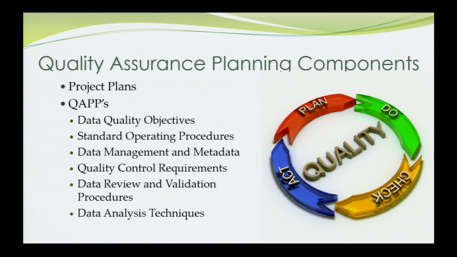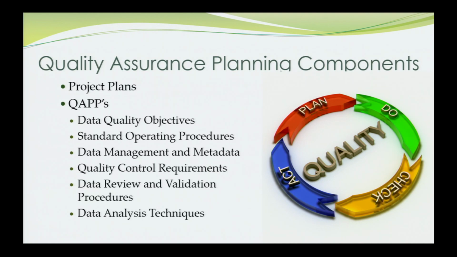And then once that data is collected, validated, and reviewed, the methodology used to actually analyze that data for its intended purpose, or to assess that hypothesis or answer the questions in that project, will also be spelled out in the quality assurance project plan. That could just include referencing what methods you're going to use. That could include actual code or processing libraries or packages, if those are packages that you're going to be using.